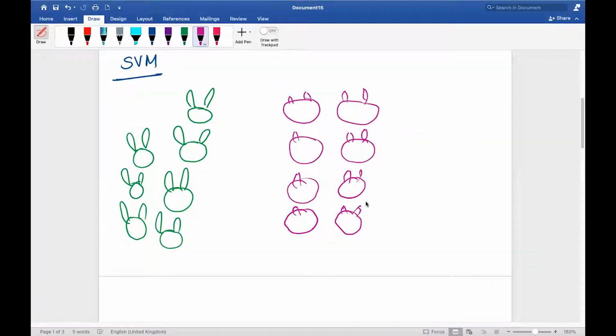Now let's pretend that we have to build a fence, and you want to protect your rabbits. These are rabbits and this is the lion. So I have to protect the rabbits from the lion and build a fence.